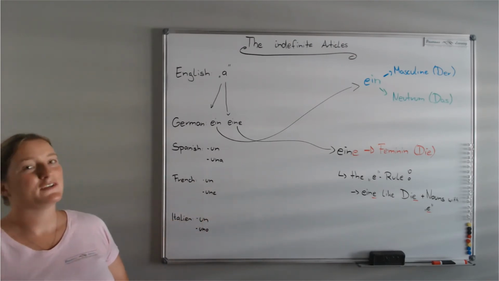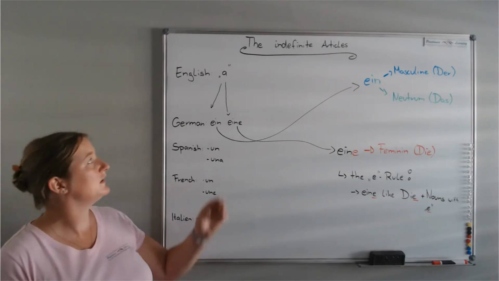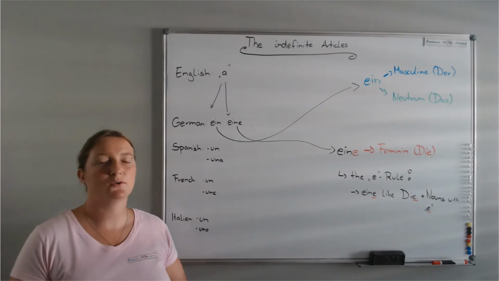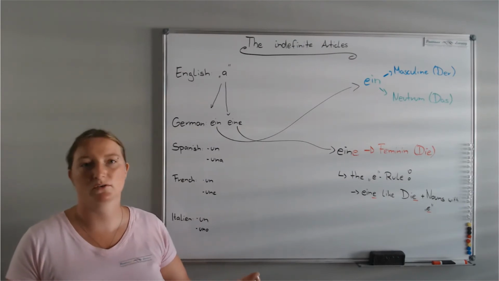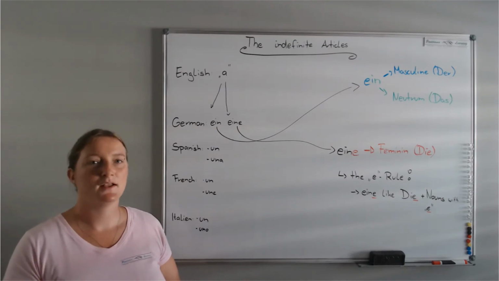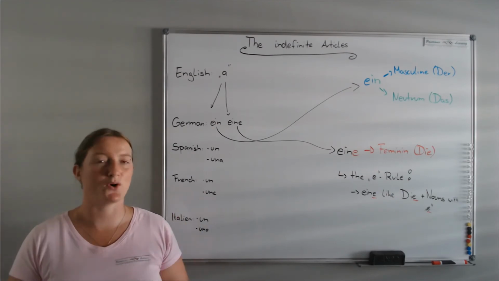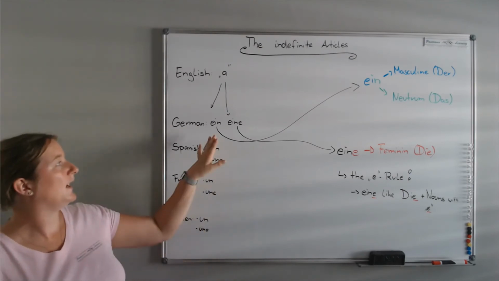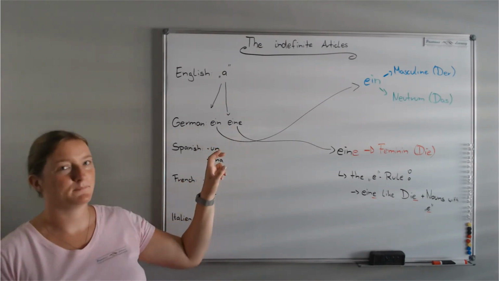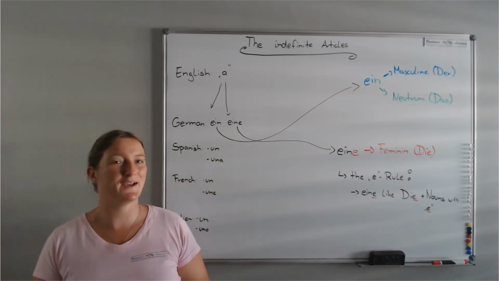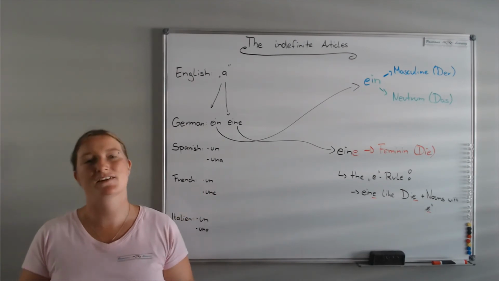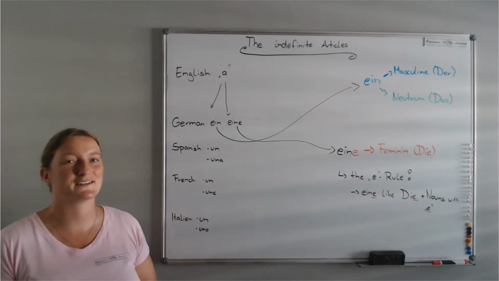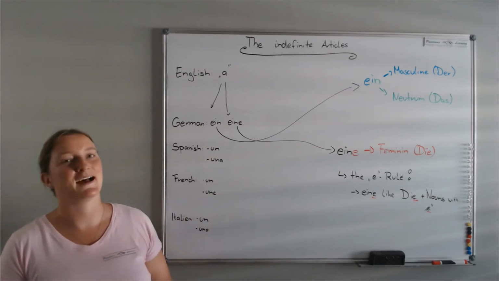The indefinite article in the English language is a man, a house, a tree, a horse, a flower. And in German we have two of them, ein and eine. And yes, you see right, it's not three anymore, like with the definite articles, it's only two articles left, ein and eine.